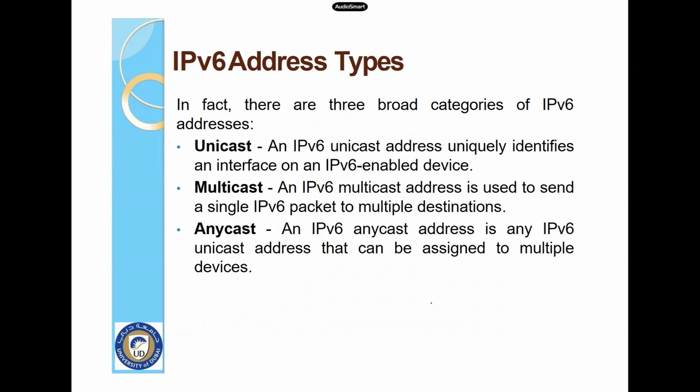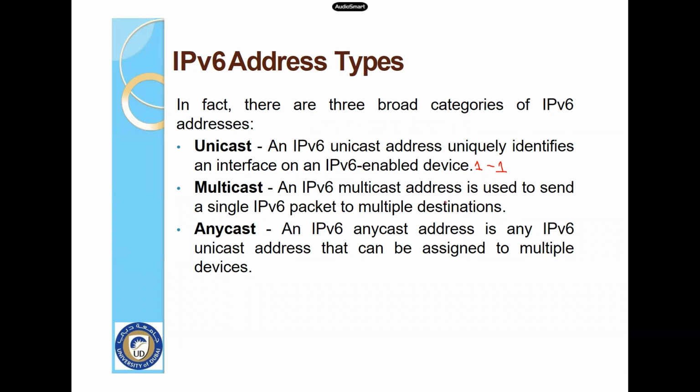It has the same casting types: unicast, multicast, and anycast. In fact, there are 3 categories of addresses. Unicast, 1-to-1, uniquely identifies the interface of an IP-enabled device, pretty much like IP version 4. Now, multicast, 1-to-many: an IP version 6 multicast address is used to send a single packet to multiple devices, similar to the previous one.